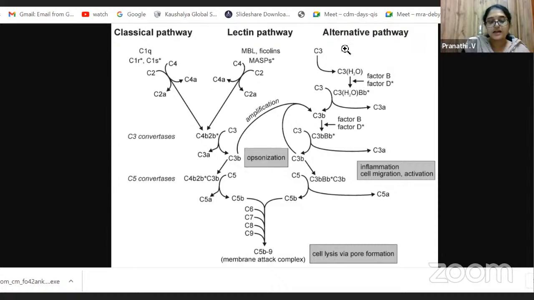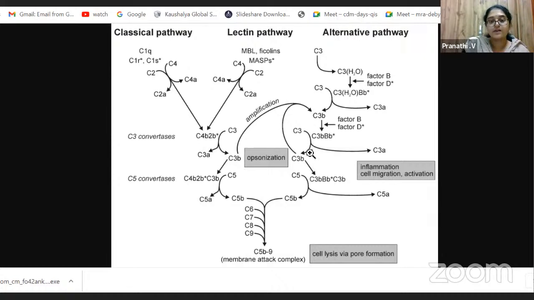But each is a multi-subunit protein having a specific protease activity. This cleaves the complement C3. So the C3 convertase is bound covalently to the pathogen surface, and it cleaves C3 to generate large amounts of C3b.